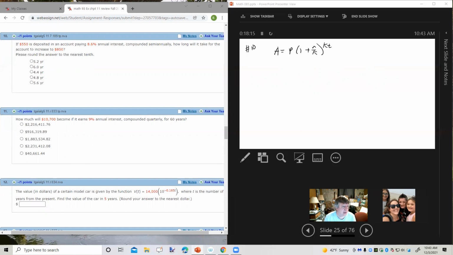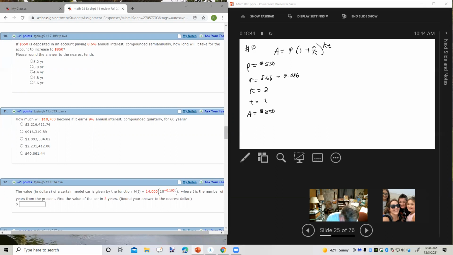How long will it take for the amount to increase to $850? Okay, so the original amount is $550. The annual interest rate is 8.6% or 0.086, compounded semi-annually, so that's twice a year. How long will it take? Time is the unknown for it to increase to $850.